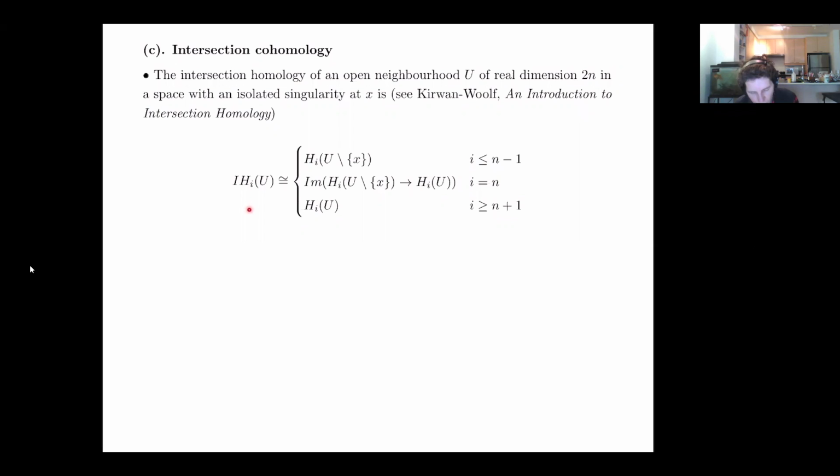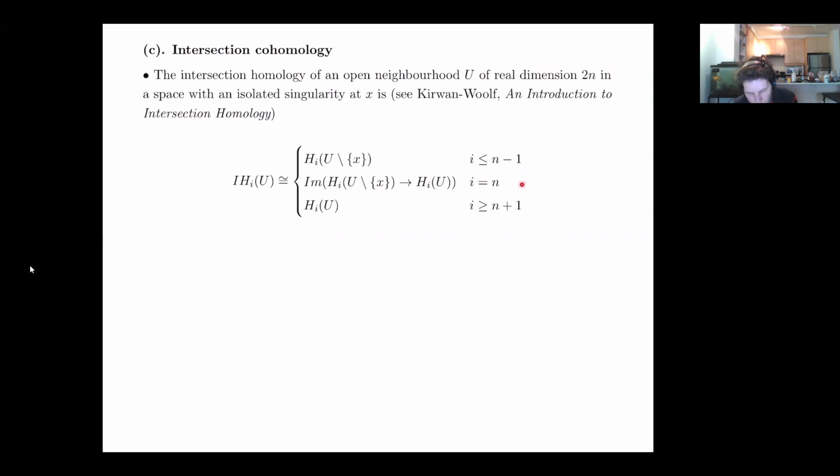Intersection homology is equal to the ordinary homology of the complement of x in U for low values of i, and it is equal to the ith homology of U for larger values of i.